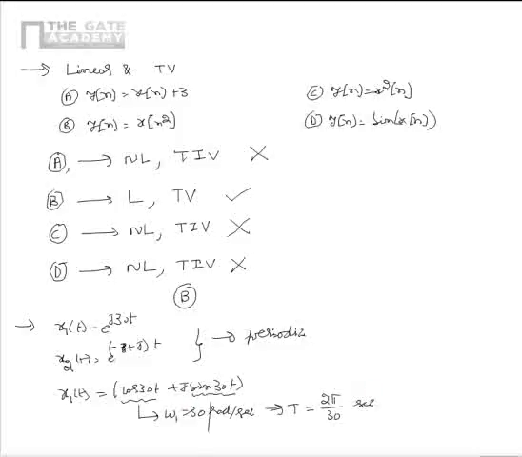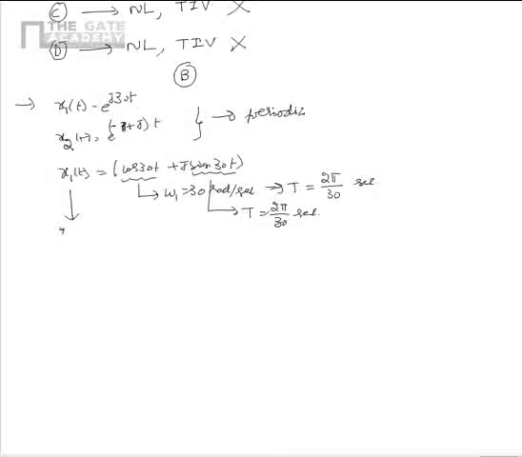Similarly, the signal sin 30t is also periodic with a period of T equal to 2 pi by 30 seconds. From this, we see that the signal x1 of t is periodic with a period of 2 pi by 30 seconds.